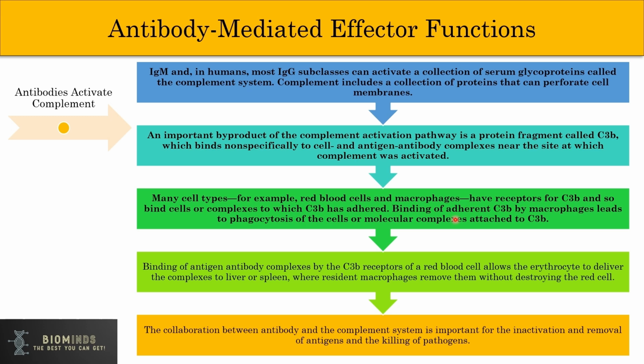Those pores lead to the release of cell contents from the target cells, and the target cells will die. It also enhances the phagocytosis. It will deliver these antigen antibody complexes through the liver and spleen for destroying these targeted cells. So this is how the complement system helps.